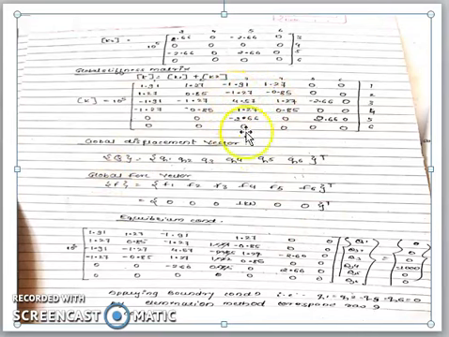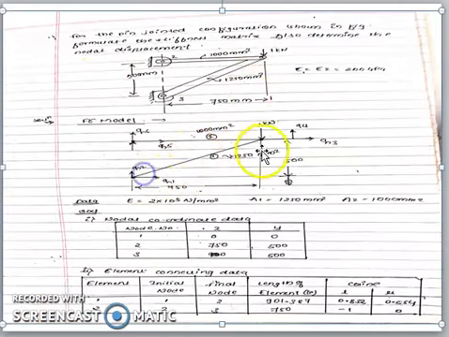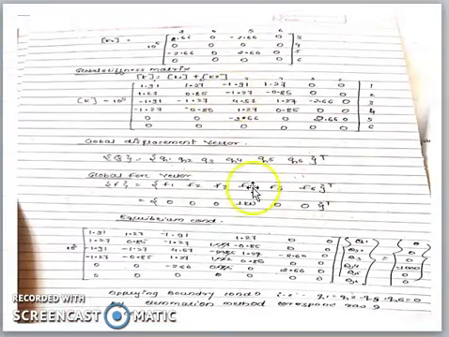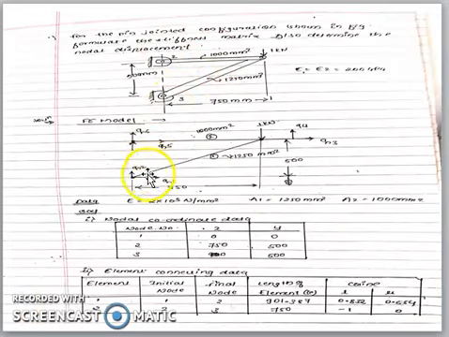Then the global displacement vector, represented by Q: Q1, Q2, Q3, Q4, Q5, Q6. I can write it as a transpose or vertically, no problem. Again, the global load vector: F1, F2 is 0 because it is not given and it is fixed.